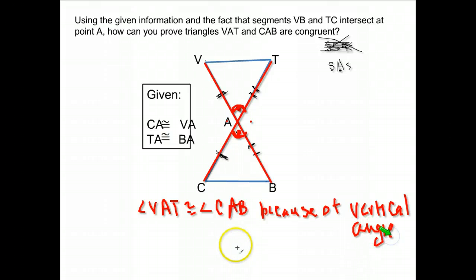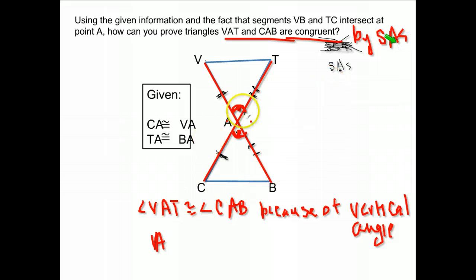And once we know that, then we can say that the two triangles are congruent because of side, angle, side. So first we had to realize that these two angles were congruent because of vertical angles, and then we could say yes, the two triangles are congruent by side, angle, side.